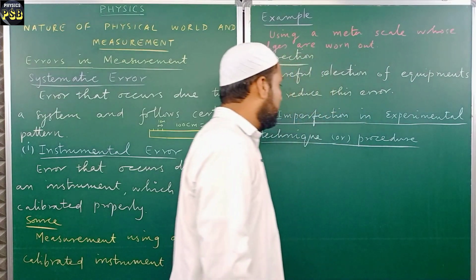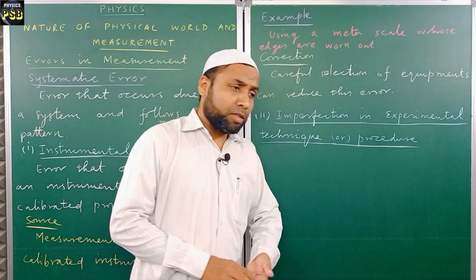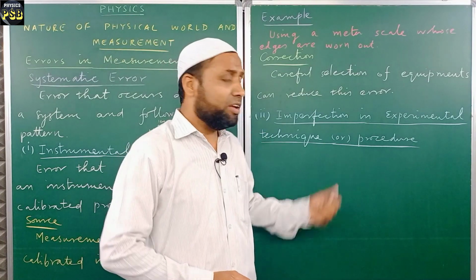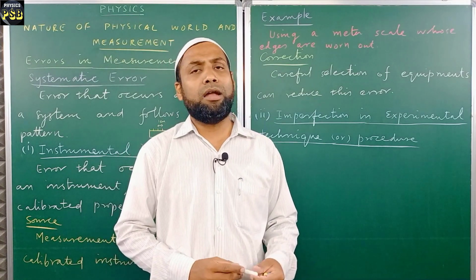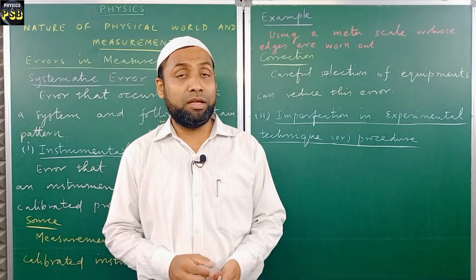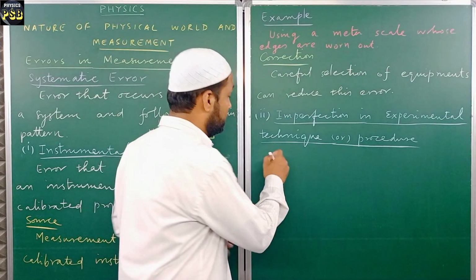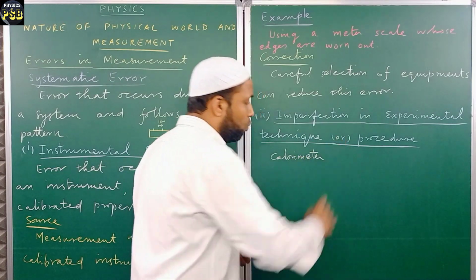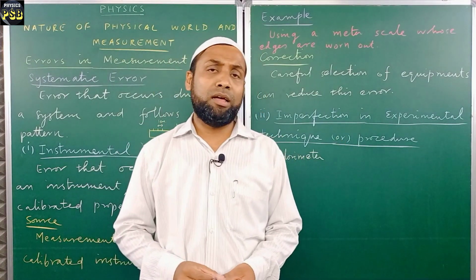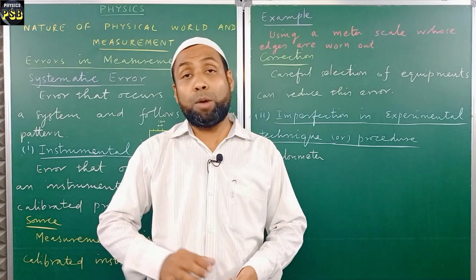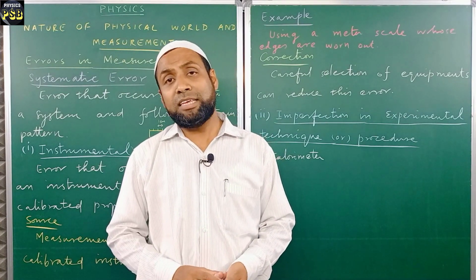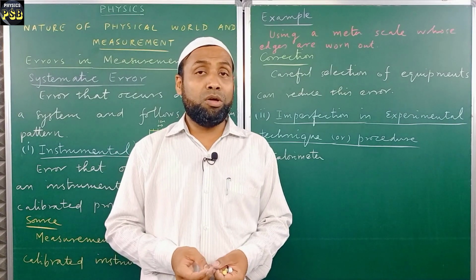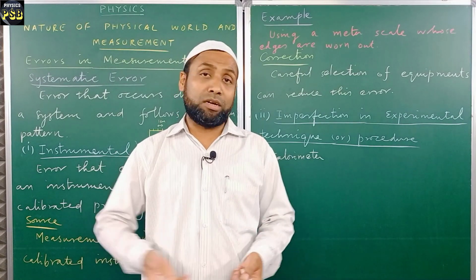Now, as the name denotes, here the limitations in the experimental setup usually cause this kind of error. For example, if you use a calorimeter which is not surrounded or covered by proper insulation, in such case the heat will start losing to the surroundings.